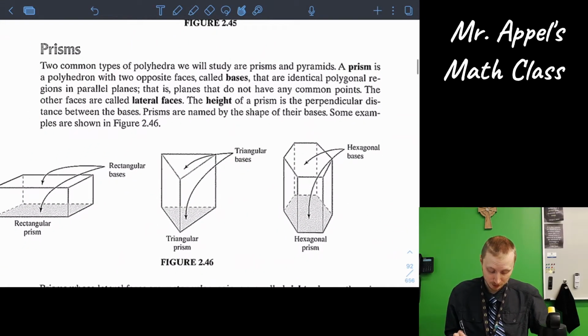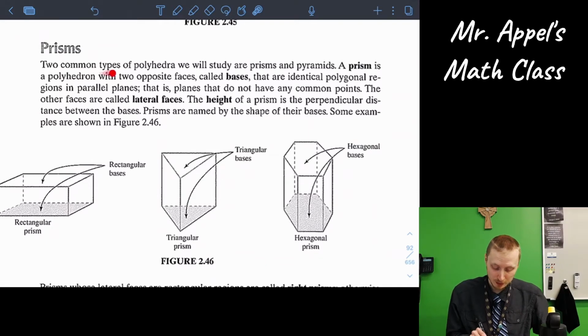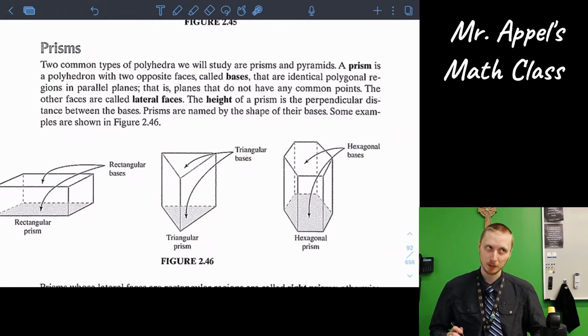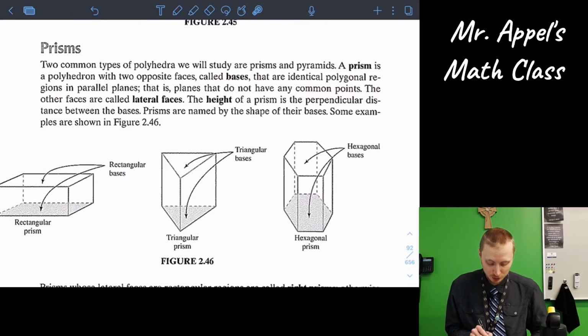Okay, now, two common types of polyhedra we will study are prisms and pyramids, probably the two most common. A prism is a polyhedron with two opposite faces called bases that are identical polygonal regions in parallel planes. That is, planes that do not have any common points.